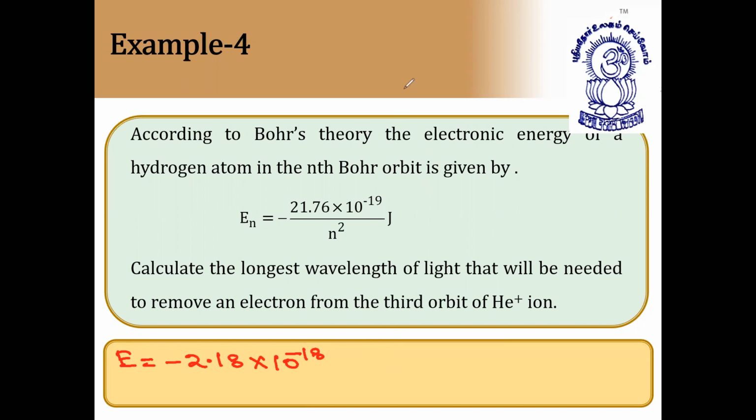Just the energy of the electron, as they have mentioned, we have to use this value. En is equal to minus 21.76 × 10 to the power of minus 19 divided by n square, for the third orbit of the helium ion.